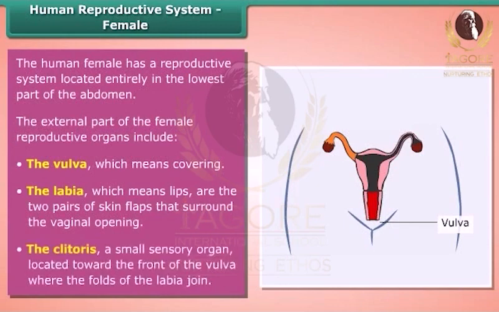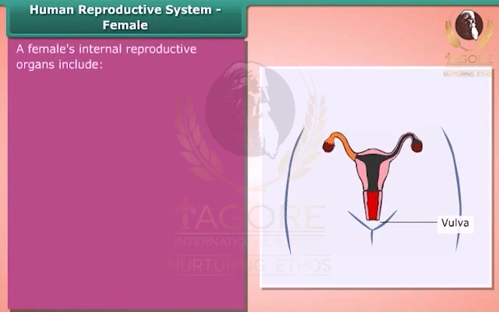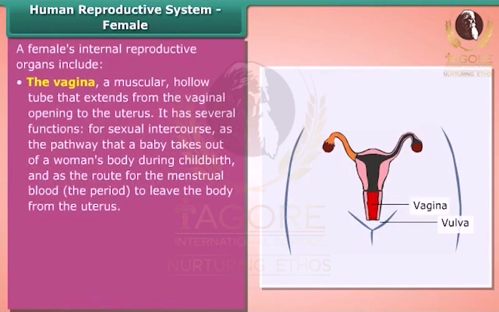The clitoris is a small sensory organ located toward the front of the vulva where the folds of the labia join. A female's internal reproductive organs include the vagina, a muscular hollow tube that extends from the vaginal opening to the uterus.